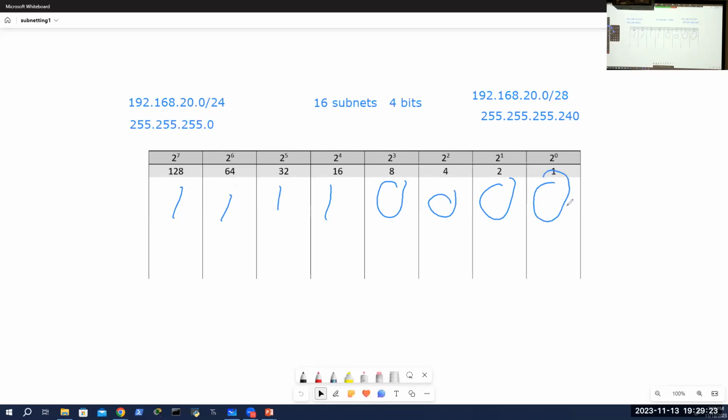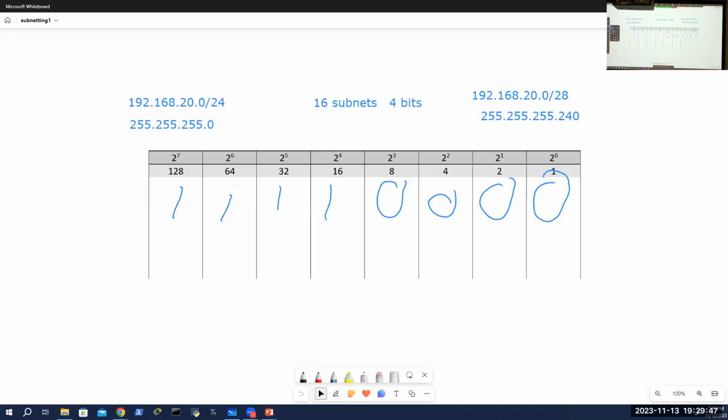We know that 255, 255, 255, and 240, because we took 4 bits from the host and made them network bits by making them 1 bits in the subnet mask, 1, 1, 1, 1. And then here are our remaining host bits, the 4 zeros.